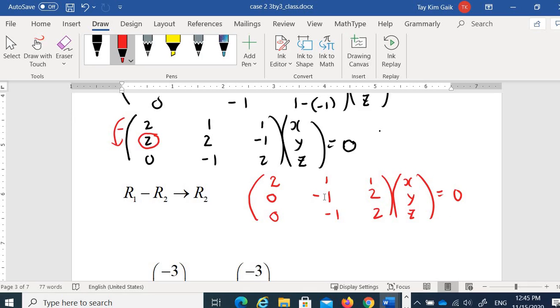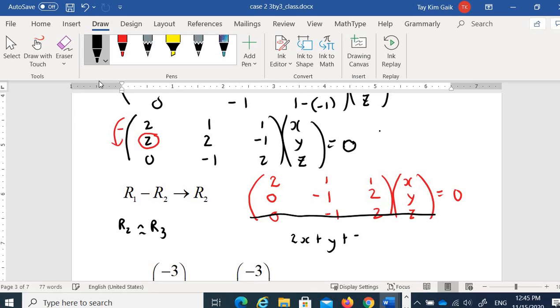So you notice row 2 and row 3 are actually equivalent, okay? Means row 2 is equivalent to row 3, so these two rows are actually the same, so you can cancel it. Hence 3 unknowns, you are just left with 2 equations, which is actually the first equation 2x plus y plus z equal to 0.